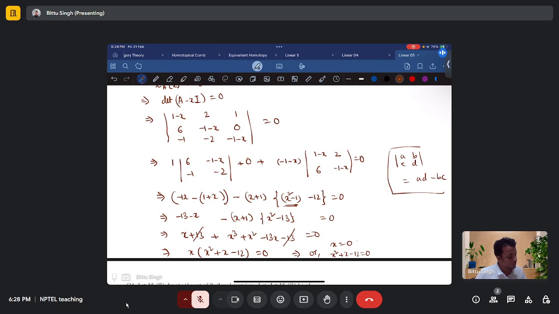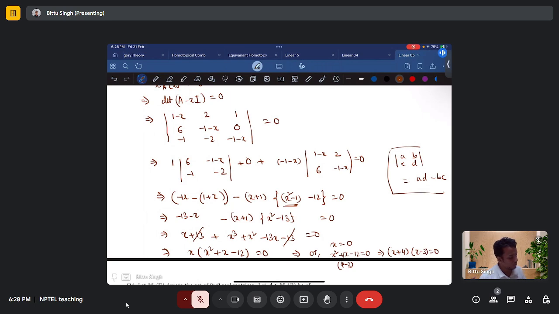So again you can factorize, because plus 1 can be written as 4 minus 3. So if you factor this, you get x plus 4 times x minus 3 is the same as 0.